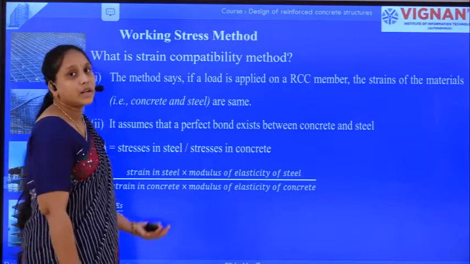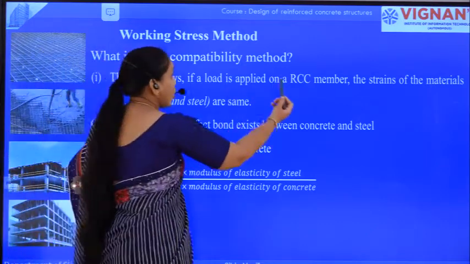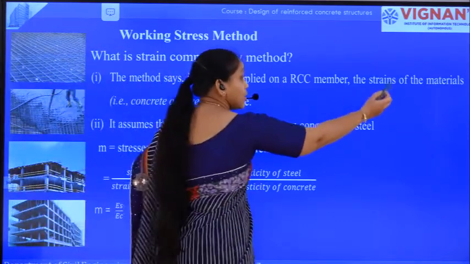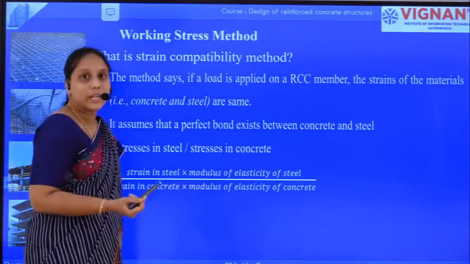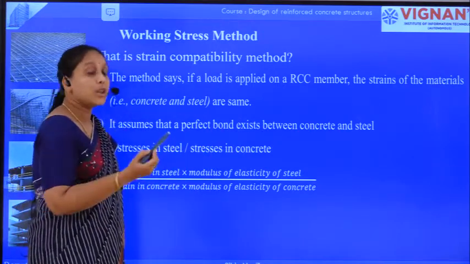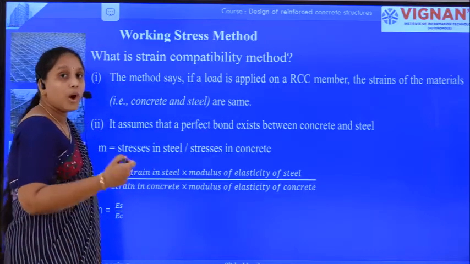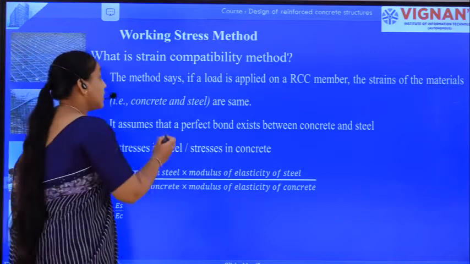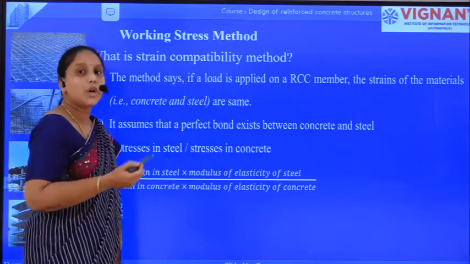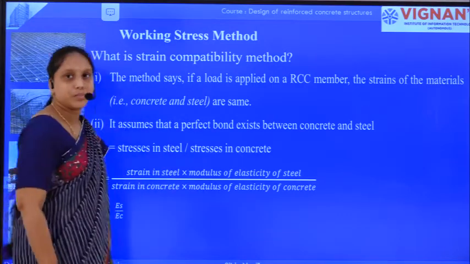What this method says is that if some load is applied on an RCC member, the strains of the materials, that is, concrete and steel, the two materials here, are the same. And they have assumed that there is a perfect bond between the concrete and steel.